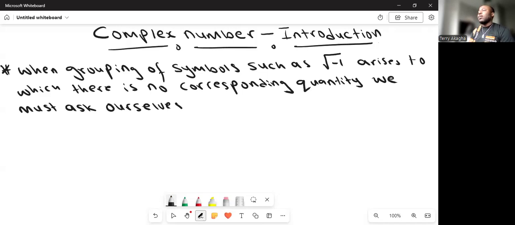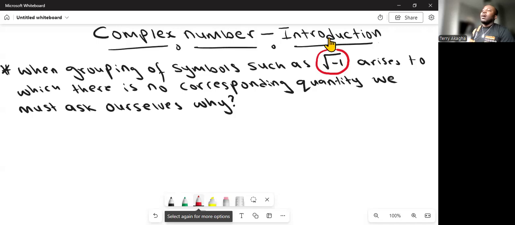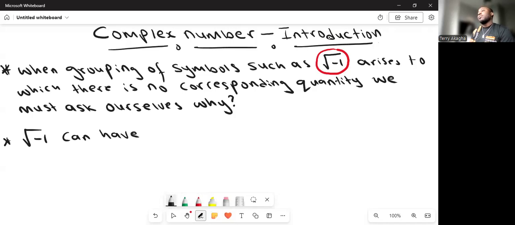We talked about this in quadratic equations. When we solve and get square root of -1, we say there is no solution, or we cannot find it, and stuff like that. So we know that square root of -1 can have no quantity associated with it.